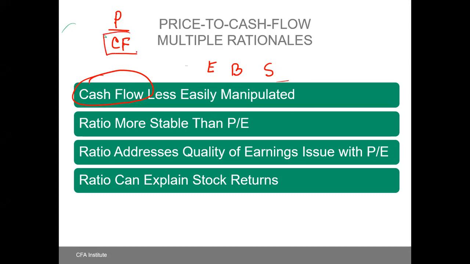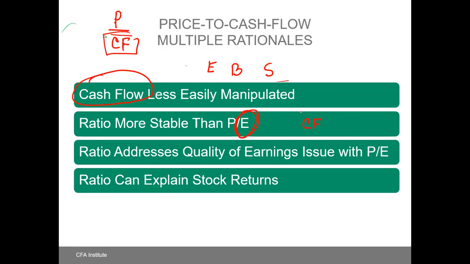So the cash flow here is a more reliable number. It is also more stable than the price to earnings ratio. The reason is that, because of accounting practices, you might see instability in the earnings, but the cash flow is likely to be more stable because accounting policies do not give you much flexibility with respect to cash flow compared to earnings.